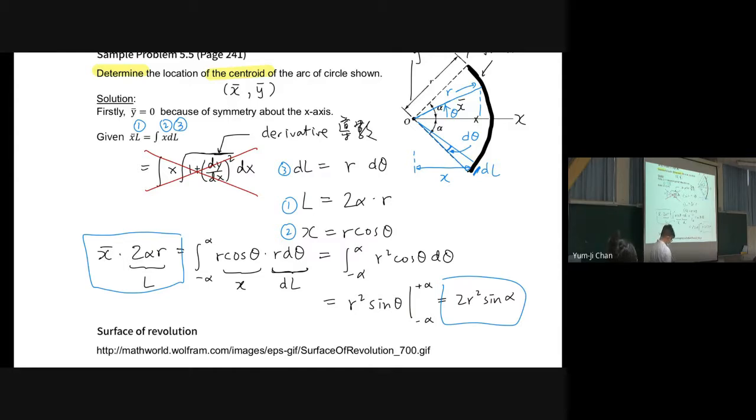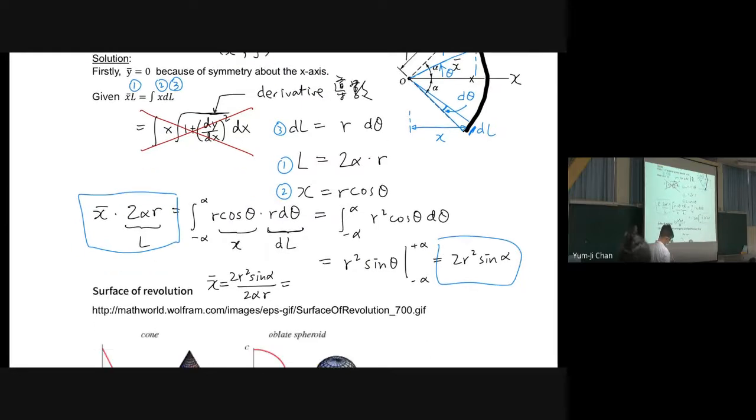We simply put them together, and then we can get x bar. x bar is equal to 2r squared sine alpha divided by 2 alpha r, which is equal to r sine alpha divided by alpha. And that is the thing you need to know at examination. This is the thing you need to know at examination.